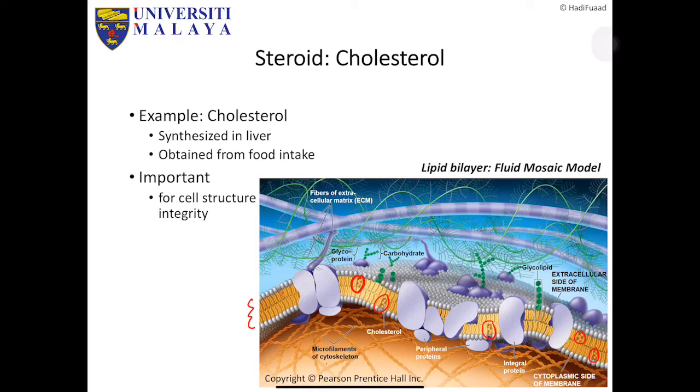Okay, so you have proteins embedded throughout. You have cytoskeletons. You have extracellular membrane matrix. So these are all that help cells become cells, and they are intact. So it's not just about cholesterol or phospholipid bilayer, but it's everything.